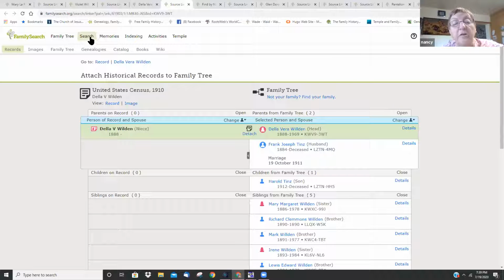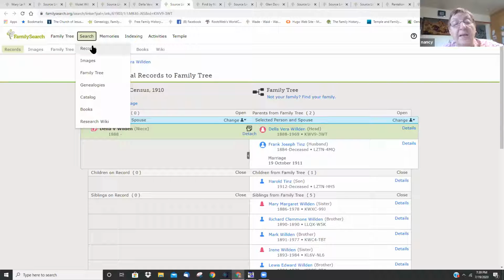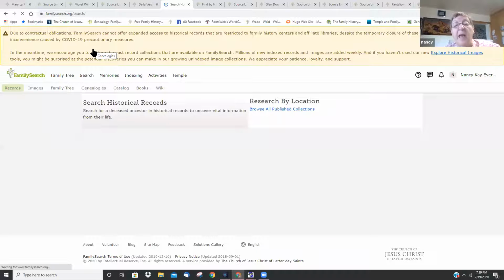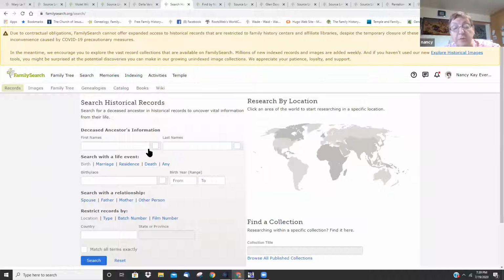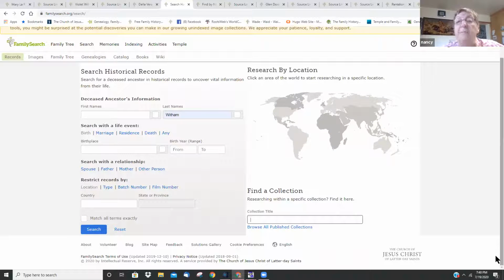Now I'm going to do the search part, and I can search for the records, and I can choose just by what I know about her name. Her name is Glenn D. Anderson, living in Mancos, Colorado in 1910, and then I can put down that this collection is the United States Census for 1910, and then see if it pulls her up for me.